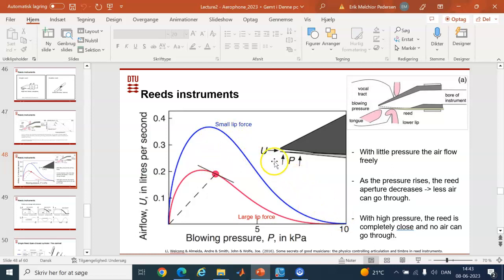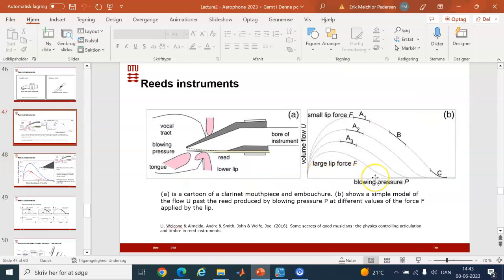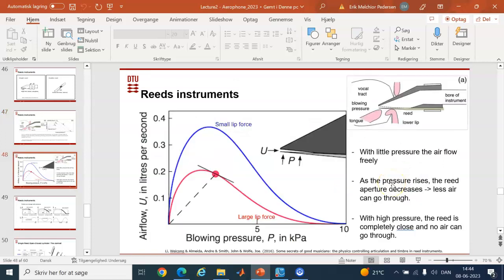U is airflow, liters per second, and P is the pressure from the lips. Blowing pressure P, and F is the force of the lips. So we have to be careful.